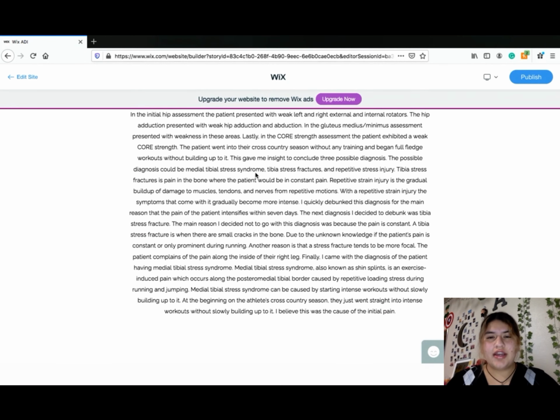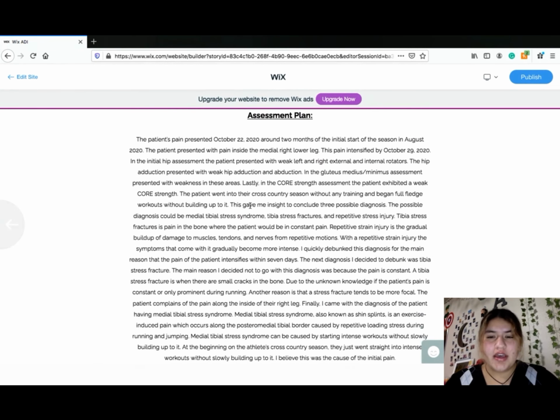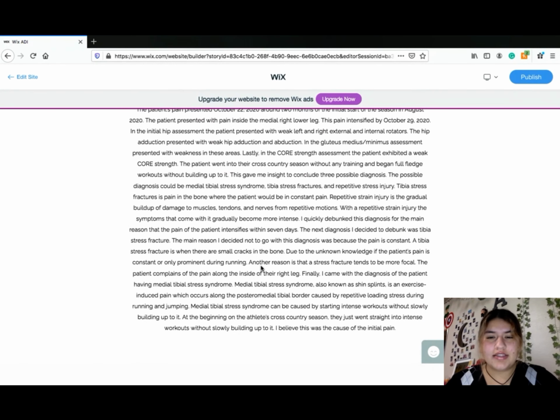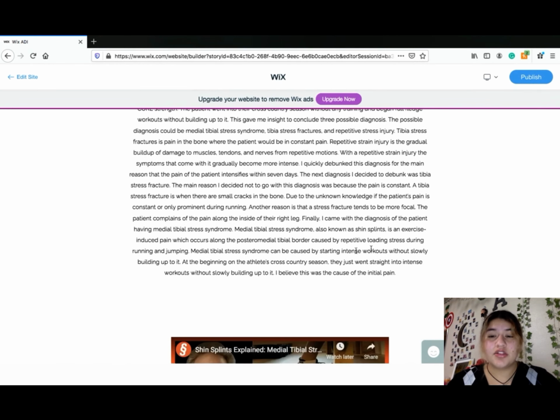So from here I kind of just focused on the different types of symptoms and what fit more to the patient, and I go into depth really on my assessment plan and how I decided, based on the type of symptoms of the medial tibial stress syndrome, that I felt like that was the best fit for it. It's also known as shin splints, so if I refer to it as shin splints throughout the video, you know I'm talking about medial tibial stress syndrome.